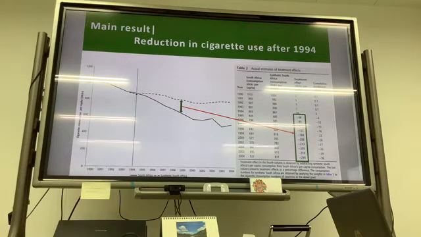I think if we want to check the change of the trend from 1994, joint point regression is another option to check the change of the trend.